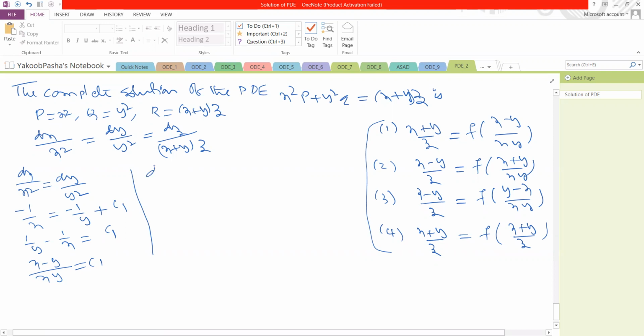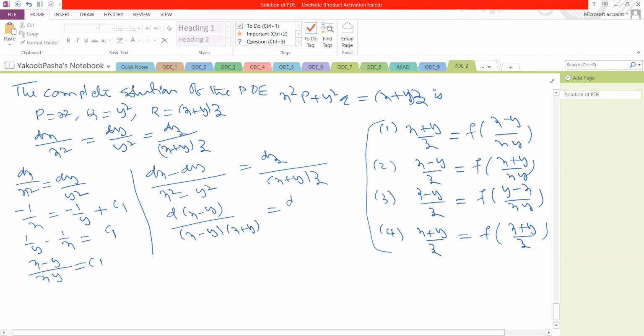So I consider dx minus dy, with dx value x square minus y square, dz by x plus y into z. You can write dx minus dy as d of x minus y. It is x minus y into x plus y. That is equal to dz by x plus y into z. Here x plus y will be cancelled.